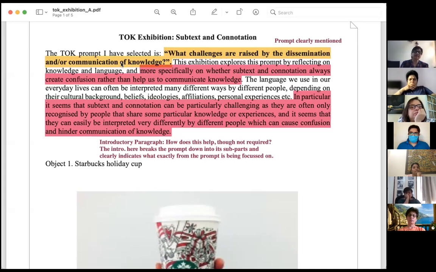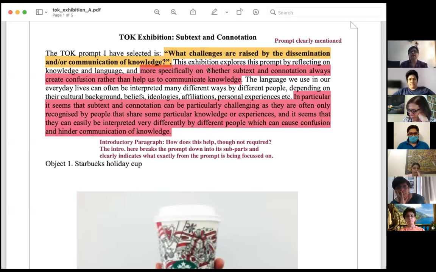Now, before straight away moving on to the objects and saying, these are the objects that I will be delving into to explore the prompt, the student has gone into breaking the prompt down so that there is a clear focus shown, so that the examiner, as the examiner reads through the commentary, can link those aspects to what I have highlighted in pink here.